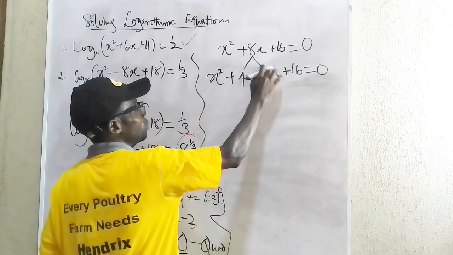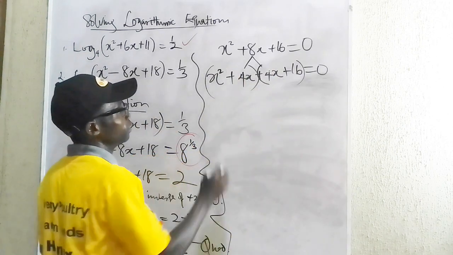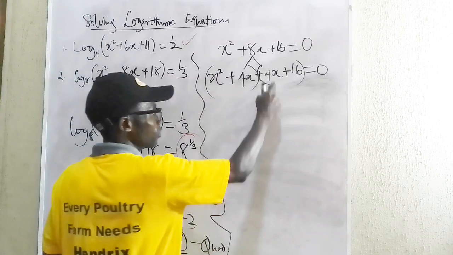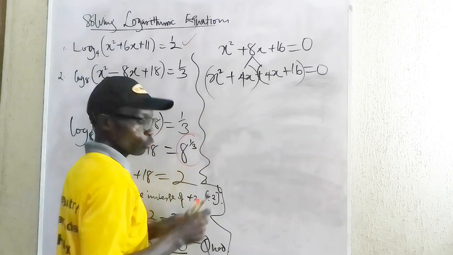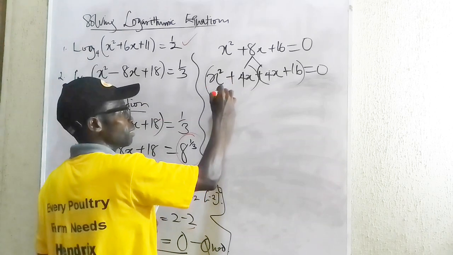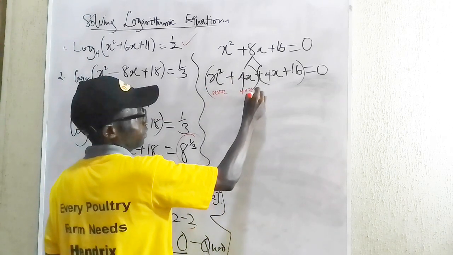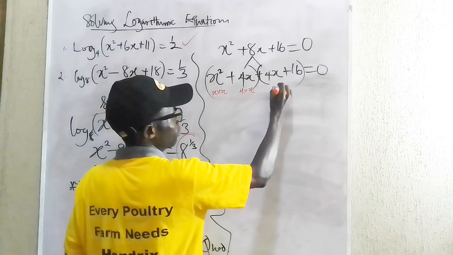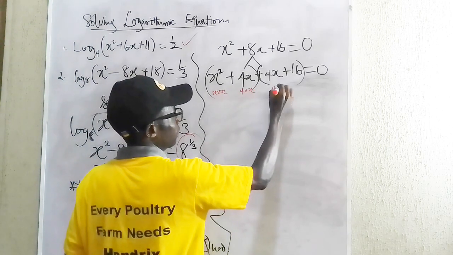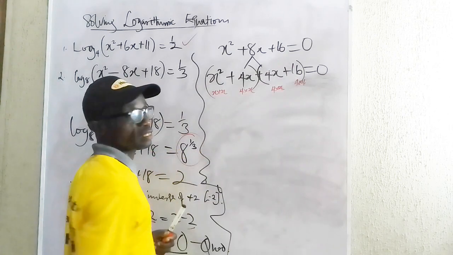So we'll collect them together. There's something here that's also here. So let's spread out. This is x squared, which means x times x, and 4x means 4 times x. Now this one means 4 times x, and this one means 4 times 4, right? 4 times 4 makes 16.